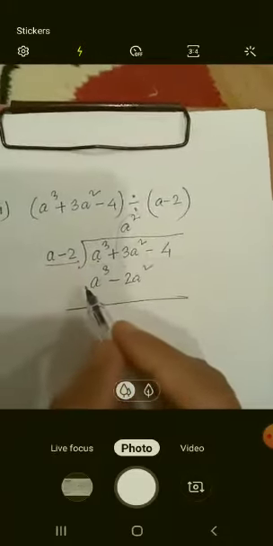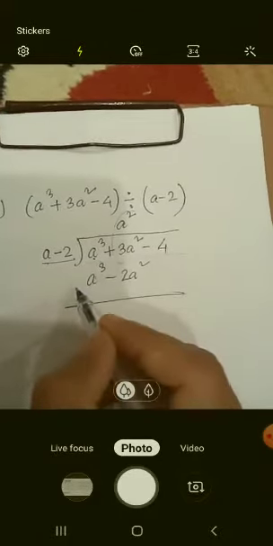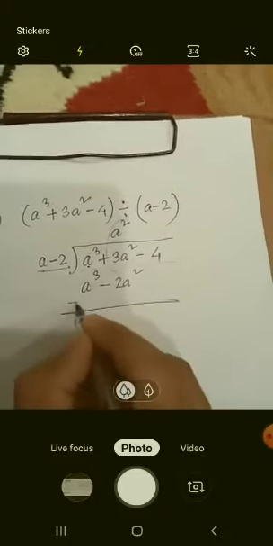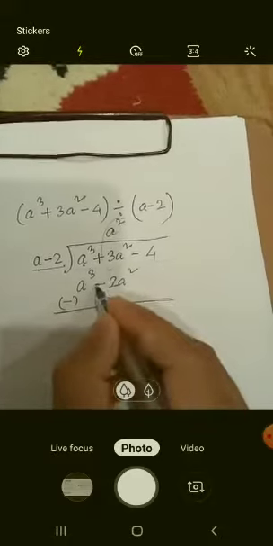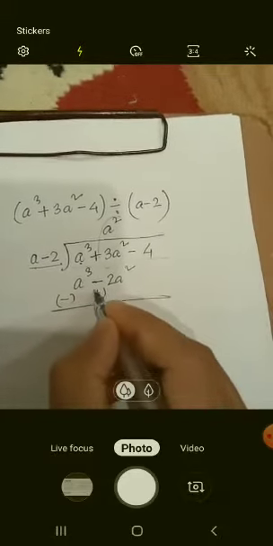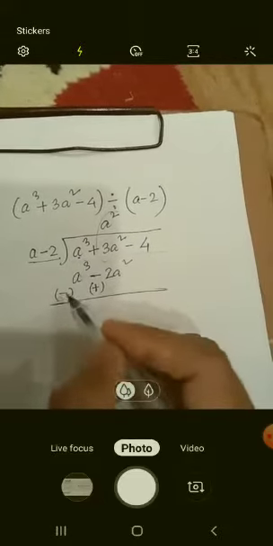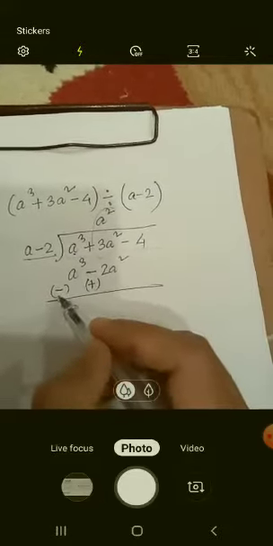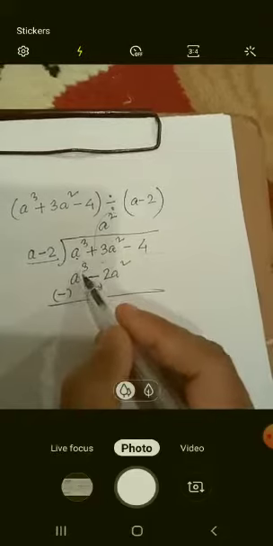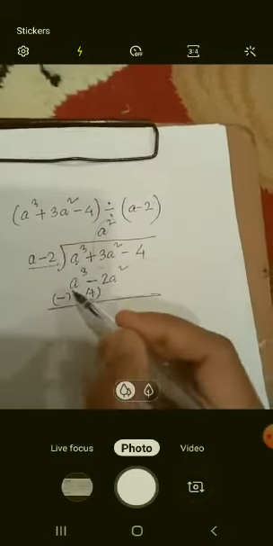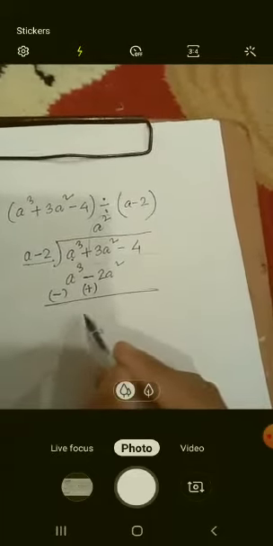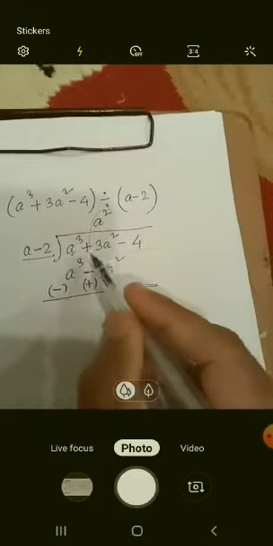Now see here, in front of a cube there is no sign, that means there is plus. If plus, we change the sign into minus, and if minus, we change it into plus. So plus a cube minus a cube, if we subtract this a cube from this a cube, we get 0.